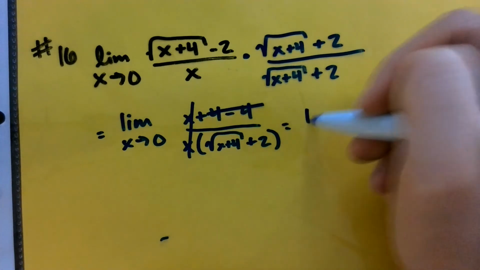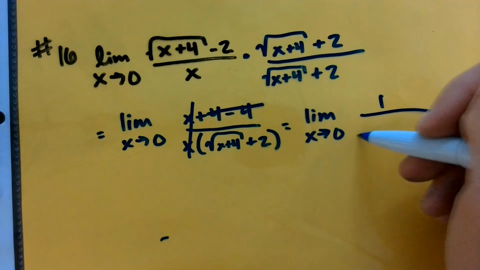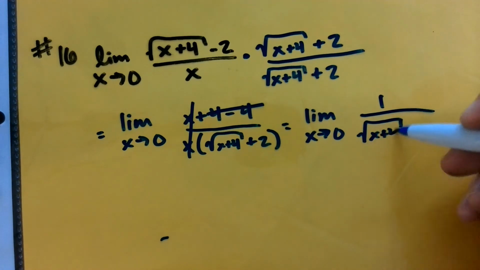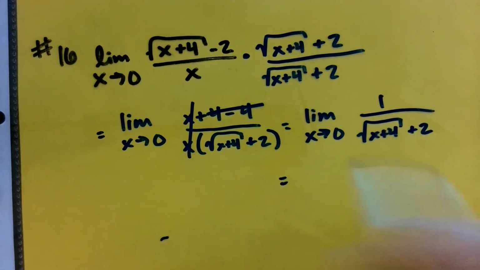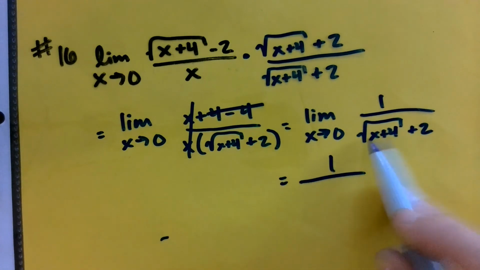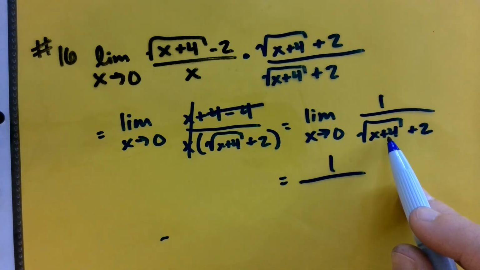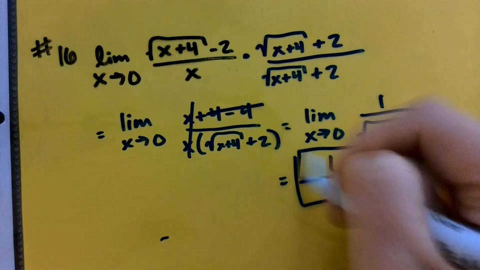So now I'm looking at the limit as x approaches 0 of 1 over. So I didn't want to multiply it all out because then I would just need to factor out the x in order to cancel. But now I can go ahead and plug in my 0. I'll have this 1 over, this radical 4 is just 2 plus 2. So I've got 1/4.